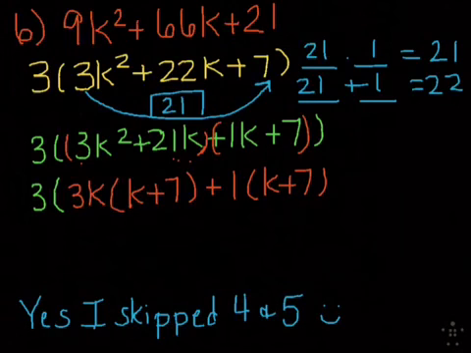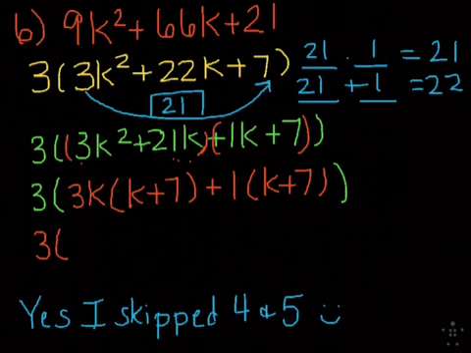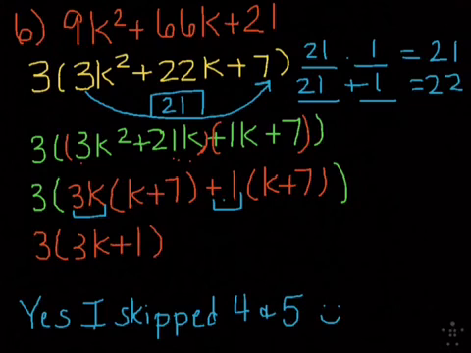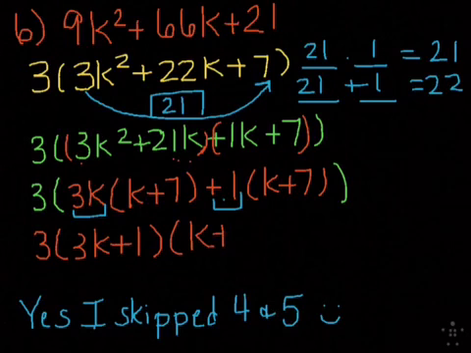Close the parentheses. So my final answer, I have that GCF from the beginning. My outsides, remember they go together still. 3 times 3k plus 1 times k plus 7.